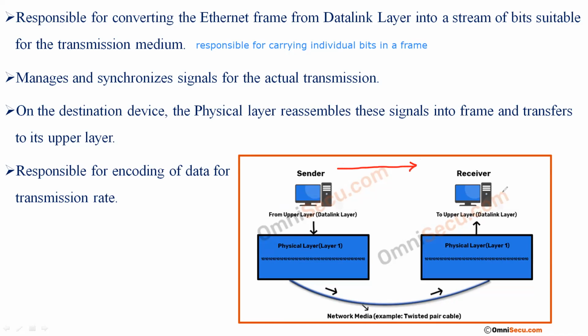The communication takes place between the two devices with a logical connection, and it will use network media as the transmission media, for example a twisted pair cable as the communication channel. This transmission layer is hidden in the physical layer.